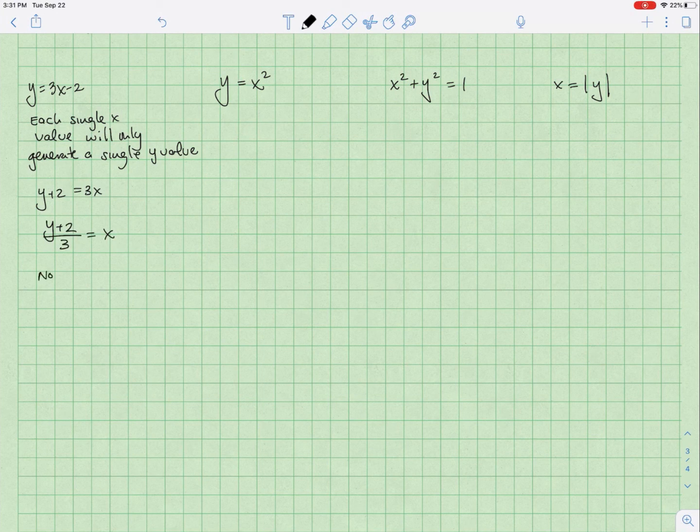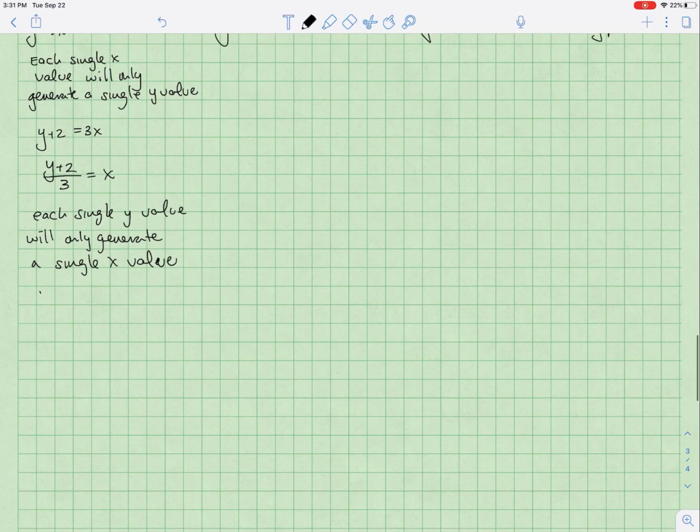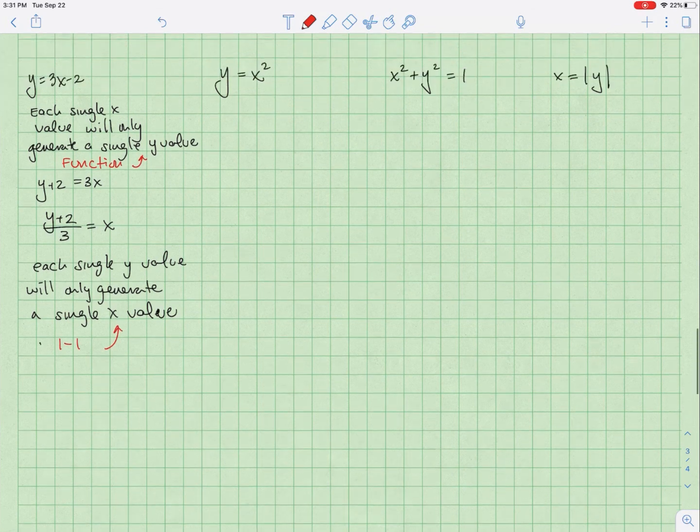Each single y value will only generate a single x value. So this is not only a function because of this idea, but it's also one-to-one because it has both of these features.